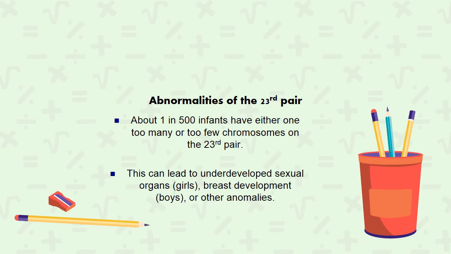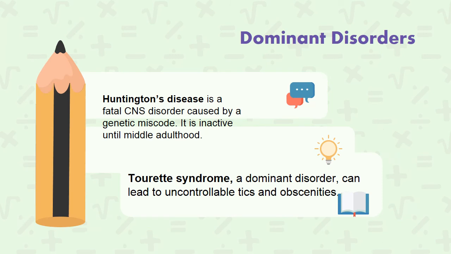Again, abnormalities of the 23rd pair. About 1 in 500 infants have either one or too few chromosomes on the 23rd pair, and this leads to underdeveloped sexual organs, breast development in boys, and other abnormalities. Now, dominant disorders.